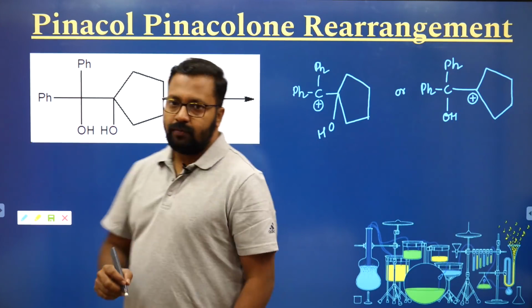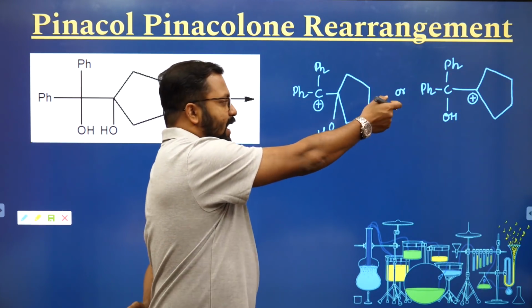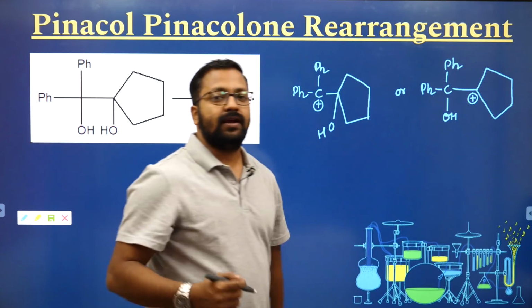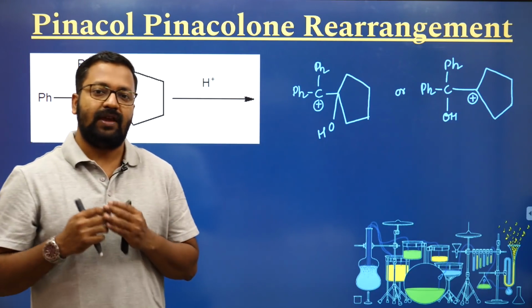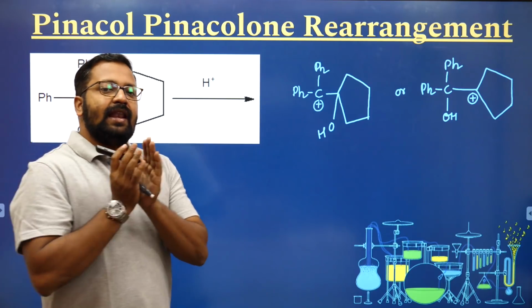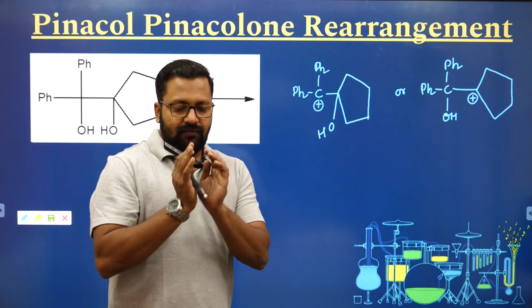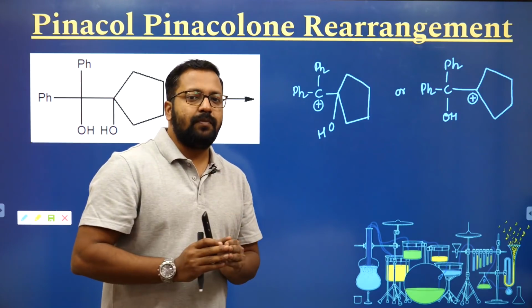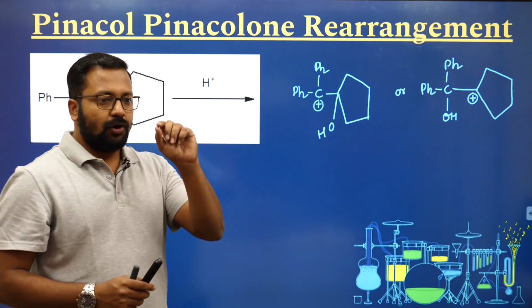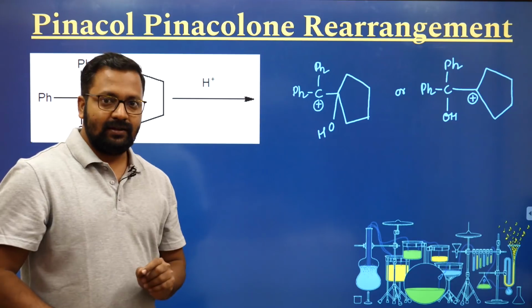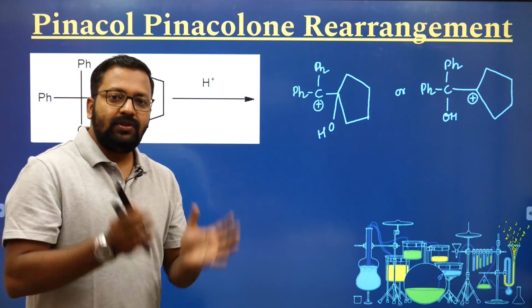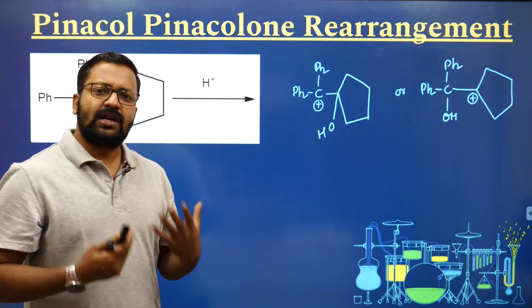Which carbocation will be formed? This is benzylic, and that is a positive charge formed on a ring. Positive charge formed on a ring is not favorable if the ring is less than 6-membered. So if it is a 4-membered, 5-membered or 3-membered ring, you cannot form a positive charge on an atom of the ring because that will be unstable.